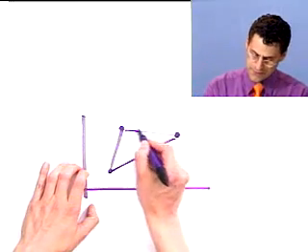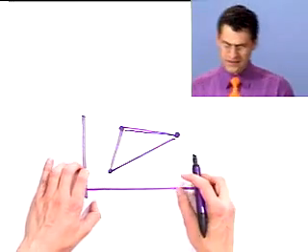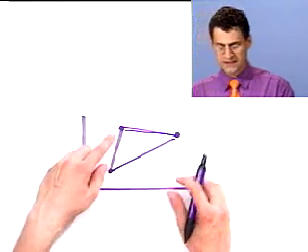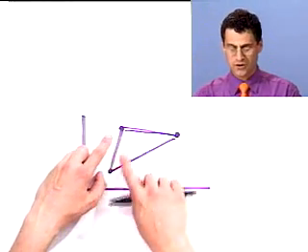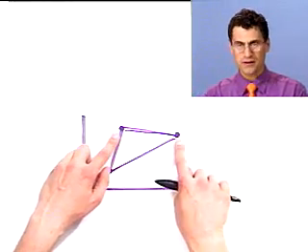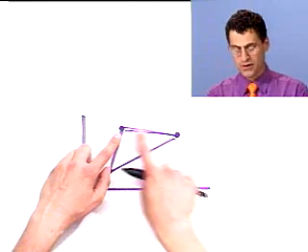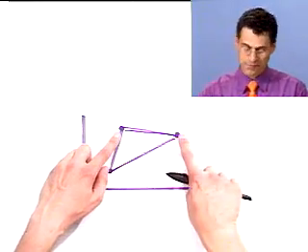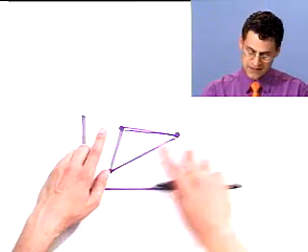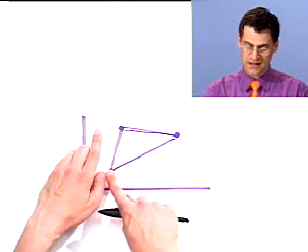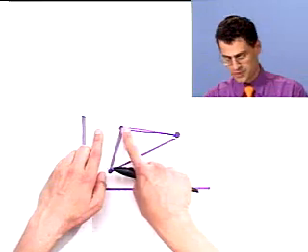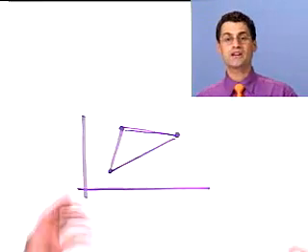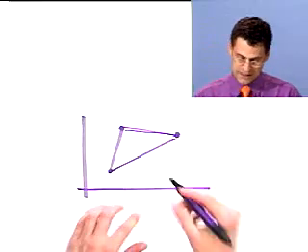Well, if it turns out that no matter how you take those distances 2 at a time, when you add those 2 numbers up, they always exceed the third one, the leftover one. That is, this length plus that length is bigger than that length, and this length plus that length is bigger than this length, and finally, this length plus that length is bigger than this length, then we know they can't be collinear.